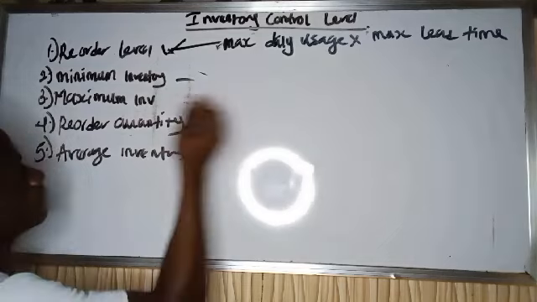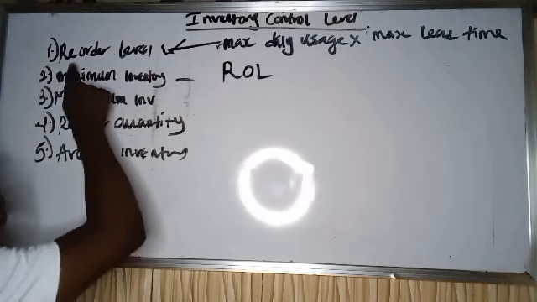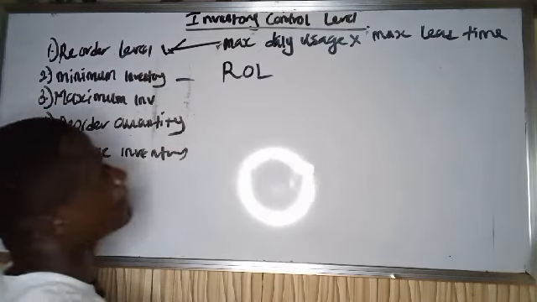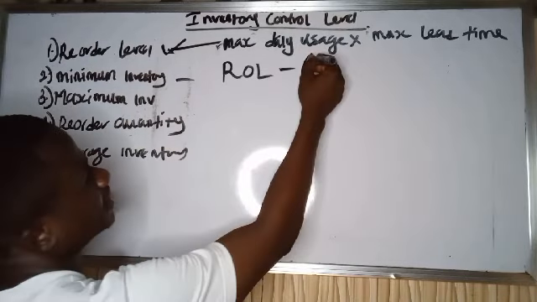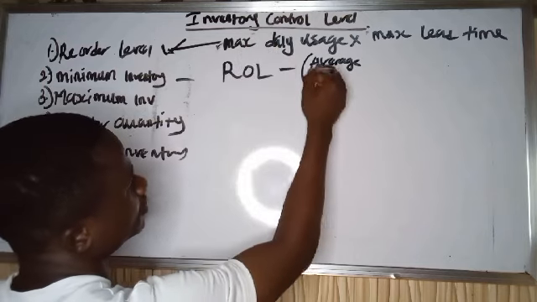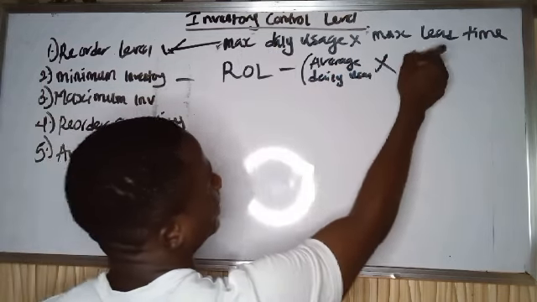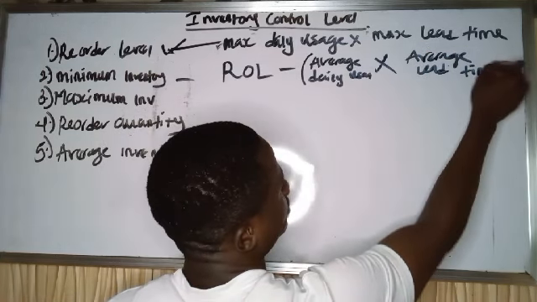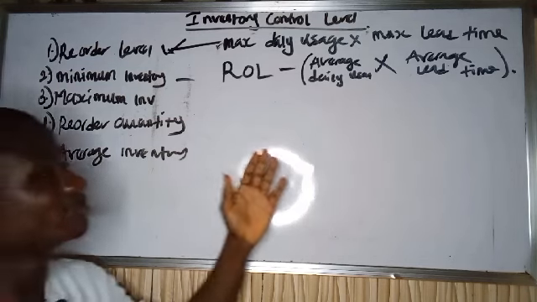Your minimum inventory level is simply the reorder level that you got at first, which is your maximum daily usage multiplied by maximum lead time, minus the average daily usage times average lead time. Yes, so this is the formula for minimum inventory level.